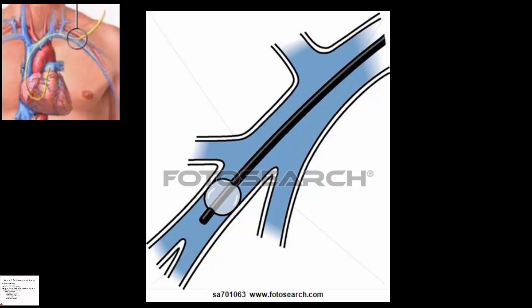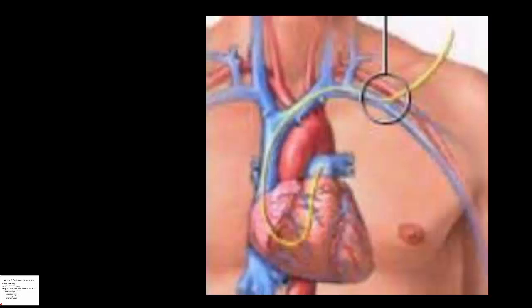And beyond that balloon, there's a pressure transducer, in other words, a device that measures pressure. And so when you inflate that balloon and measure the pressure there, you're measuring the pressure beyond the balloon, not behind it, but beyond. And so this is the way many times that we get some of the pressures. Now the pulmonary artery pressure is measured when the balloon is not inflated.